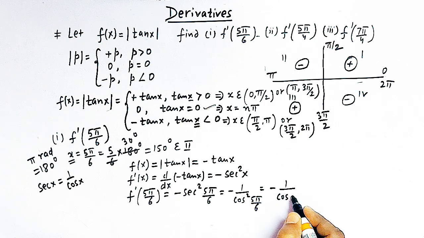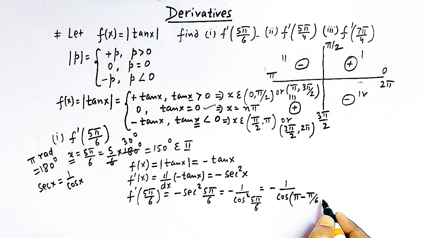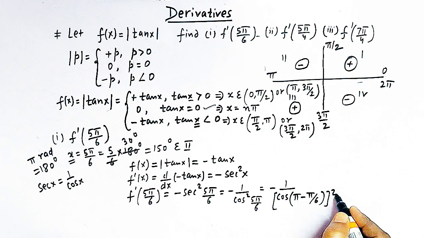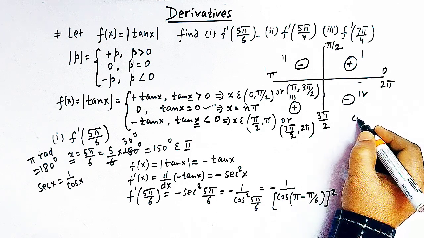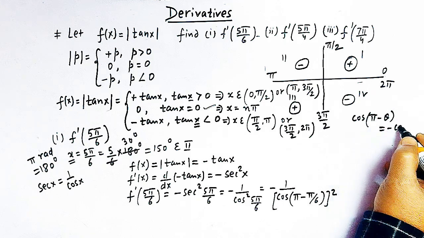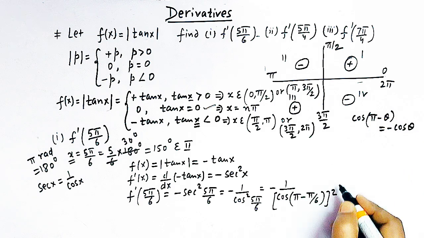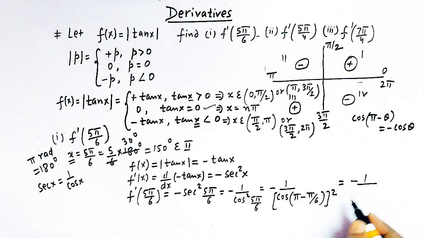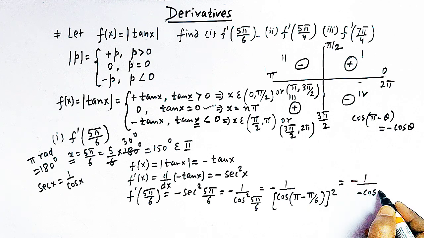So we can now write cosine pi minus pi over 6, because pi minus pi over 6 is 5 pi over 6, and here we have the square, right? Now from trigonometry we know that cosine pi minus theta is equal to negative cos theta. So here we have minus 1, and for theta we have pi by 6. So we have minus cos pi over 6, and here we have the square, right?